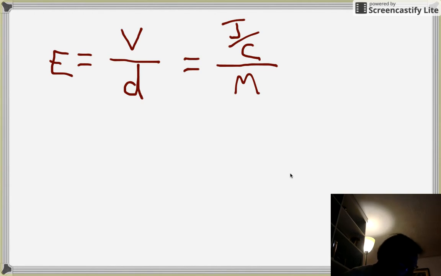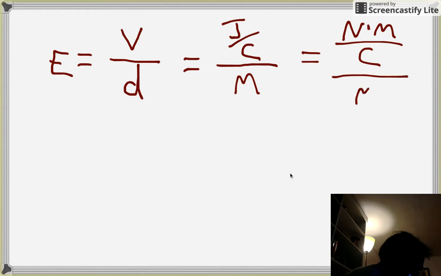Okay, we can extend our analysis of units by looking at joules, which is a unit of energy. This is also equivalent to newtons times meters, or newton meters. And so we could write newton meters divided by coulombs divided by meters.